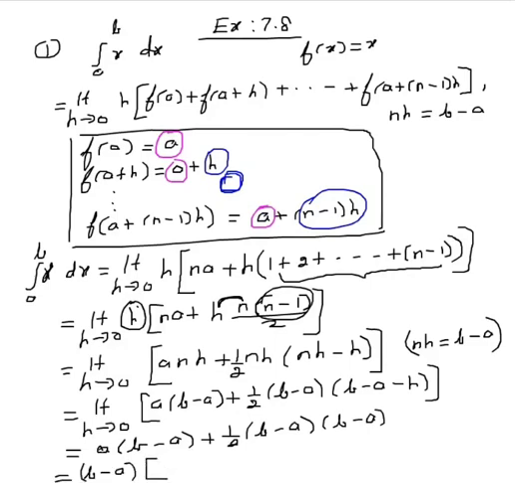Let us take it out. We get a plus b minus a divided by 2. Take LCM and simplify. 2a minus a becomes a plus b divided by 2. Therefore, the answer is b square minus a square divided by 2.